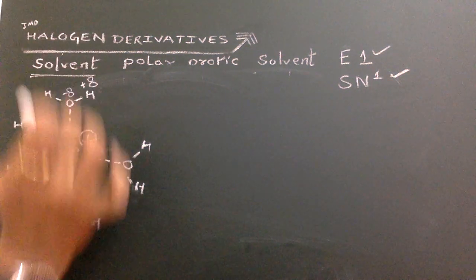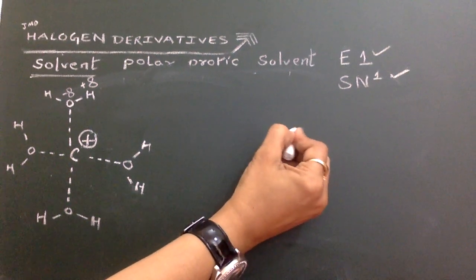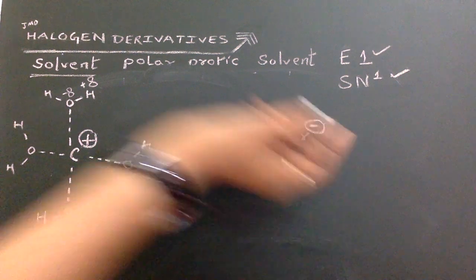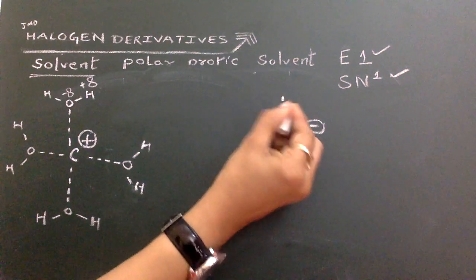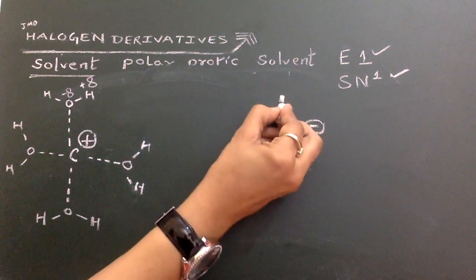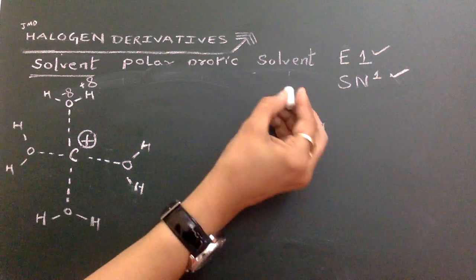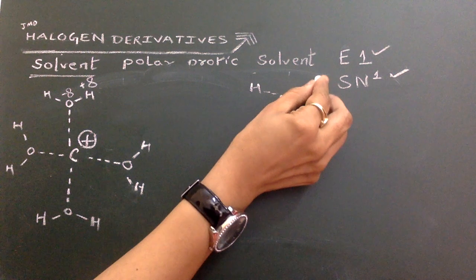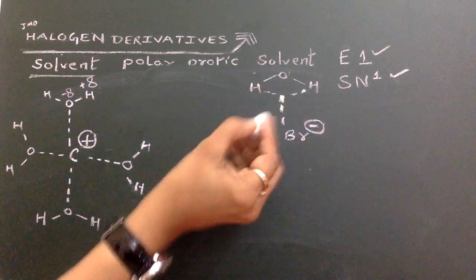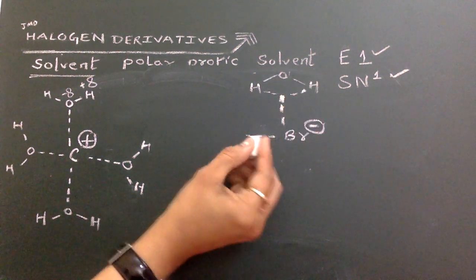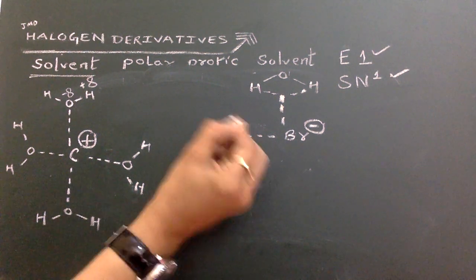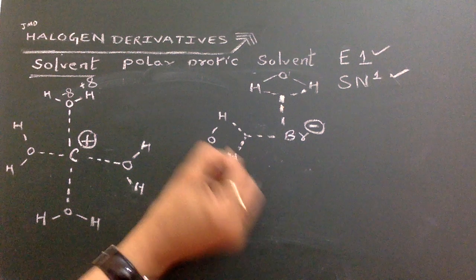Not only this, when carbocation is formed in SN1 or E1, we know Br minus is formed. Now this Br minus's charges are also dissolved by water. See how it attracts the H of water like this, and so on.